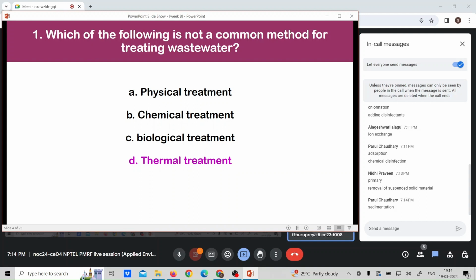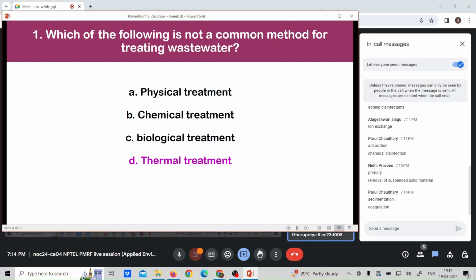Apart from that, do we use anything else? No, we don't use coagulation. We don't use it very often. I'm just asking about the physical treatment techniques. If you go for coagulation, you will be adding some coagulant, so it will not be a complete physical process. It will be a physicochemical process.